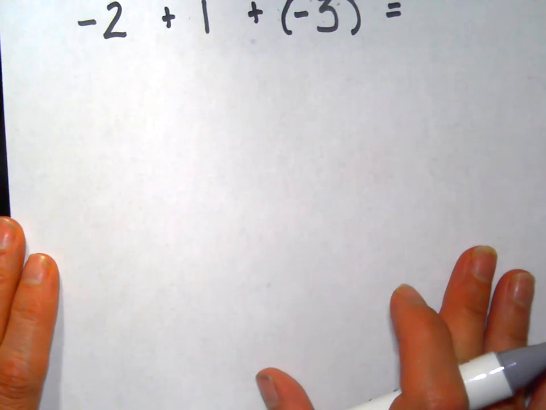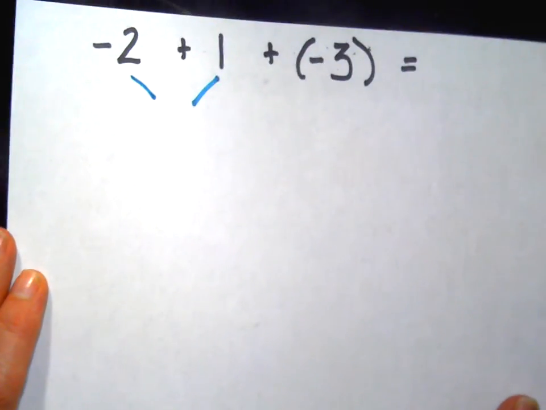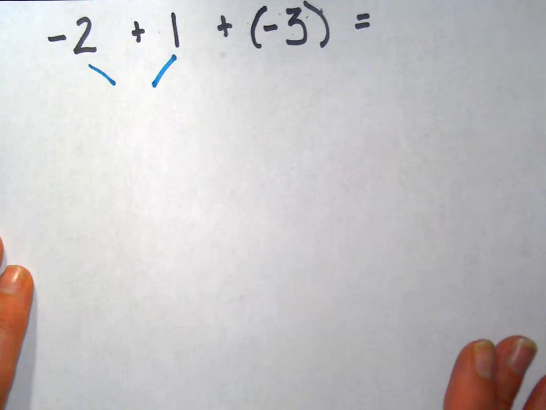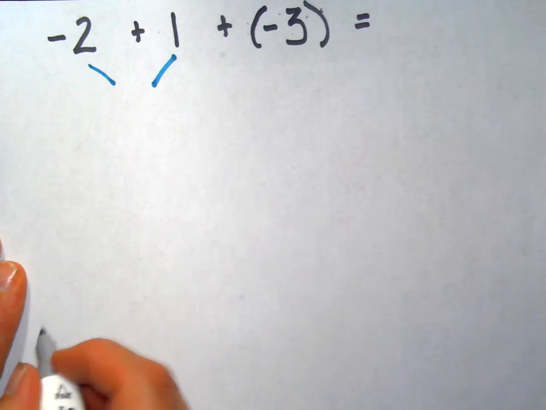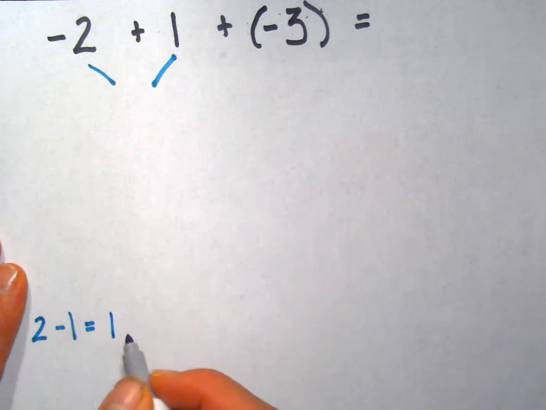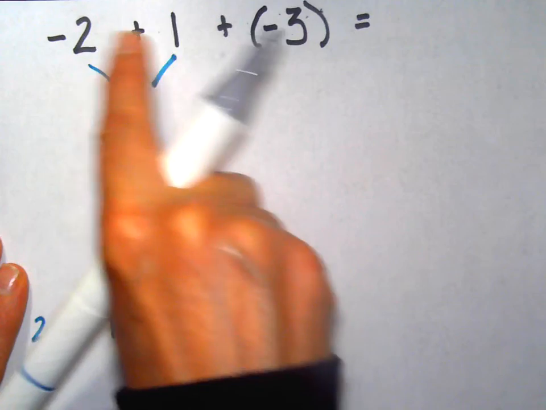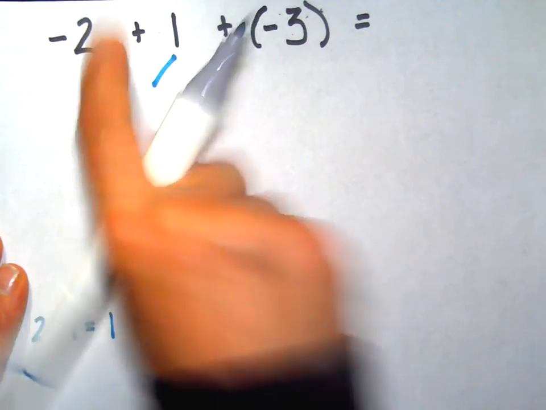Another one. -2 plus 1. Again, I'm adding two numbers with opposite signs. So what I do is I take their absolute values, I turn them both positive, and I just subtract them. 2 minus 1. I know that one. That's 1. And then I say, which one is further from 0 on the number line? That one.